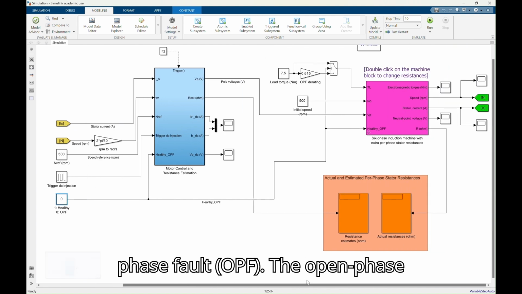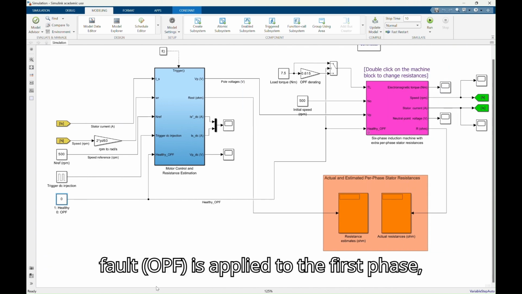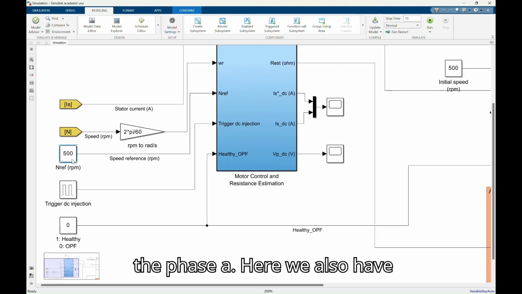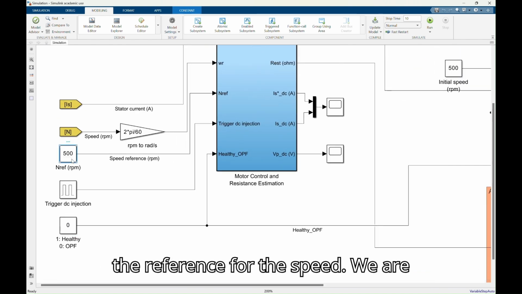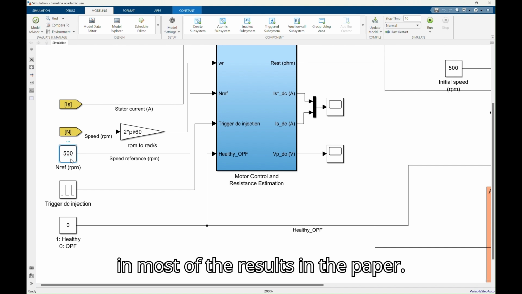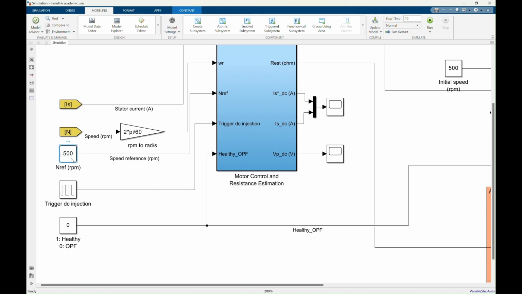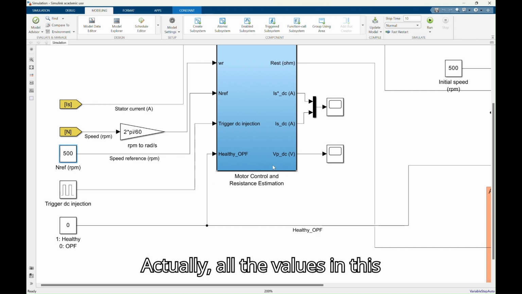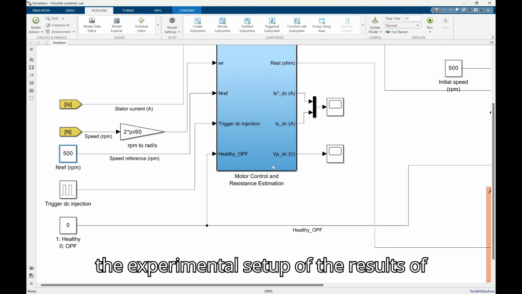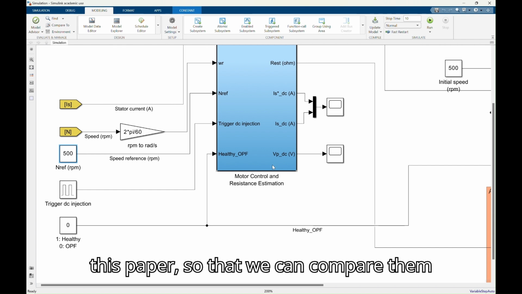The open phase fault is applied to the first phase, phase A. Here we also have the reference for the speed, so we are considering the same value as in most of the results in the paper. And actually, all the values in this model are the same as those used in the experimental setup of the results of this paper, so that we can compare them more easily.